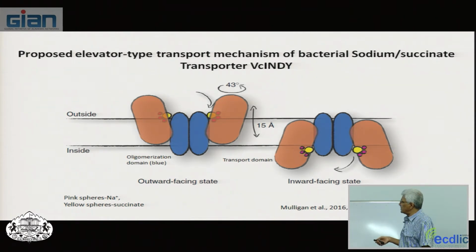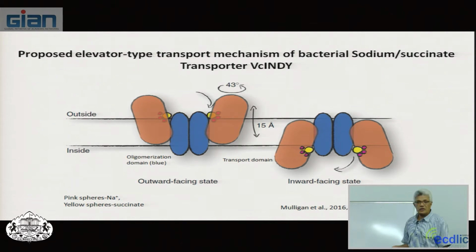And here, it's interesting that each transporter monomer has a rigid domain, this blue, which is called the oligomerization domain. And then you have a mobile transport domain, this orange. The sodium binds these three pink dots you can see, and then the succinate would bind.